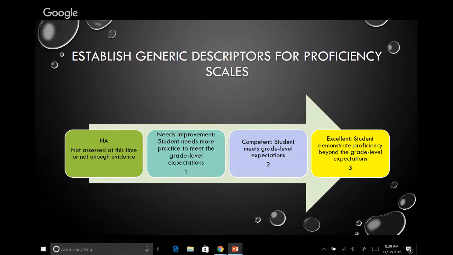Also consider that the fewer levels of proficiency you have, the more straightforward your descriptors can be. Oftentimes when schools have a 5-point scoring system, it's really hard to differentiate between a 2 and a 3. So don't make it harder on yourself in your effort to differentiate all these little levels of proficiency.